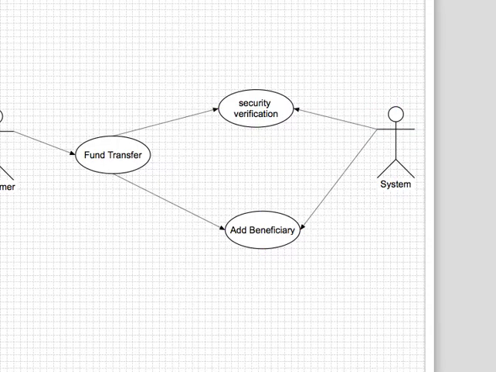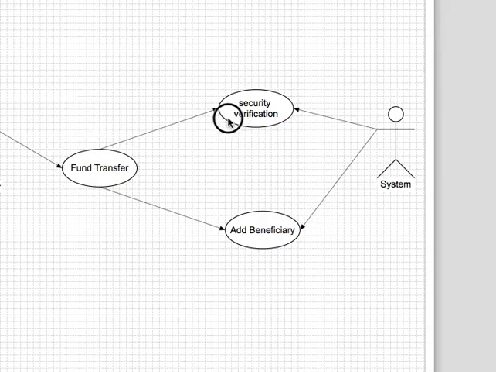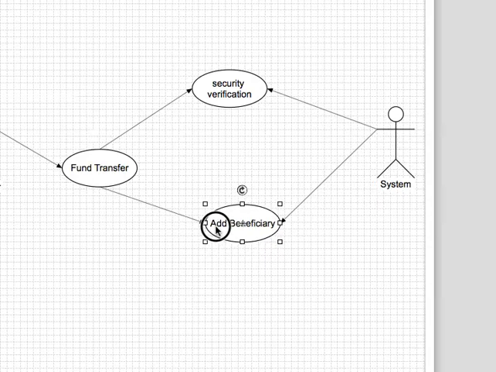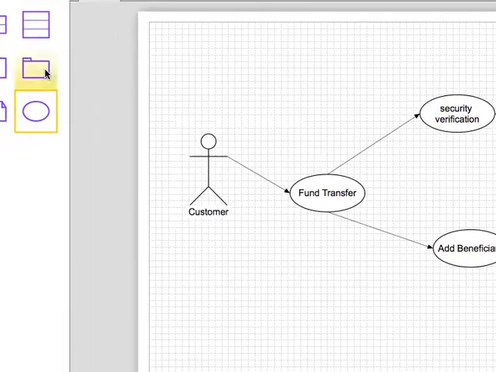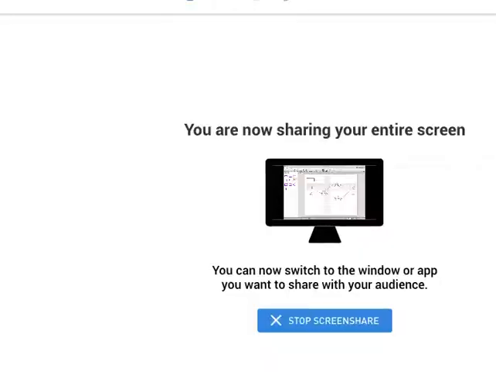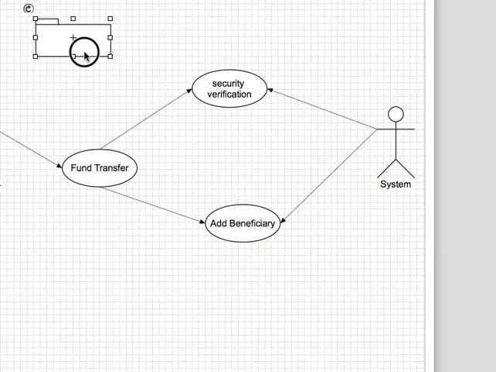If you want to make it look neat, you can use the pointer and drag them appropriately. Now I'm going to use this as a system boundary. I'm going to do it at the end, because if you do it first, it will disturb the other diagram.